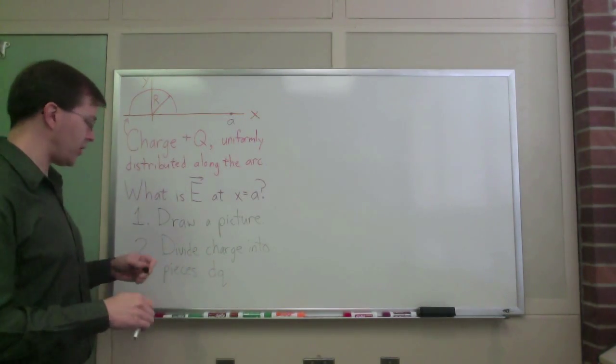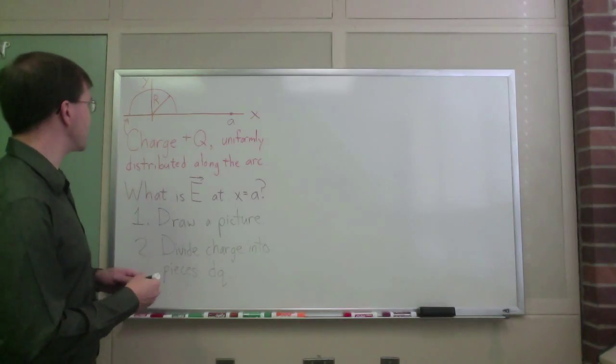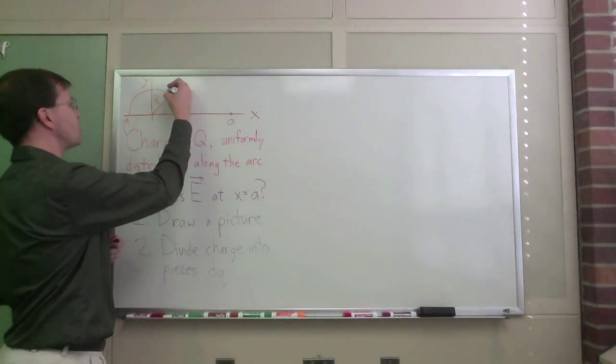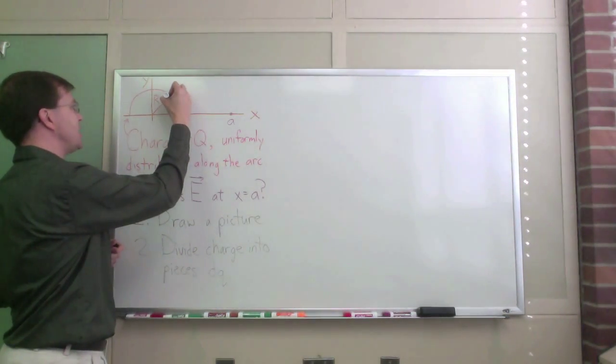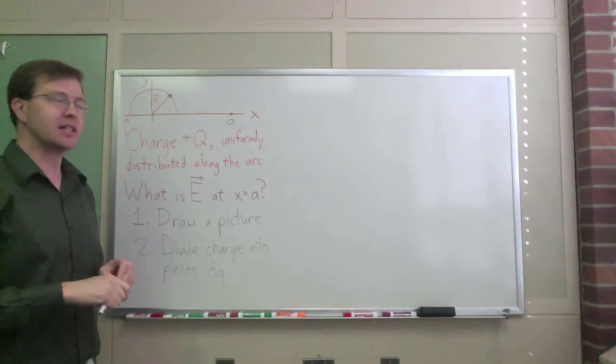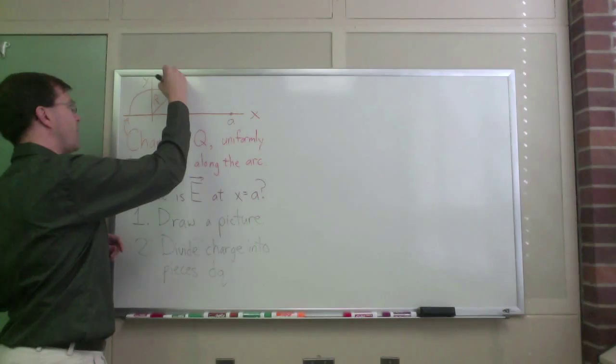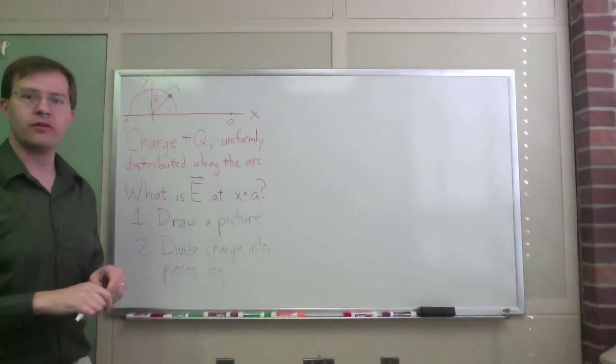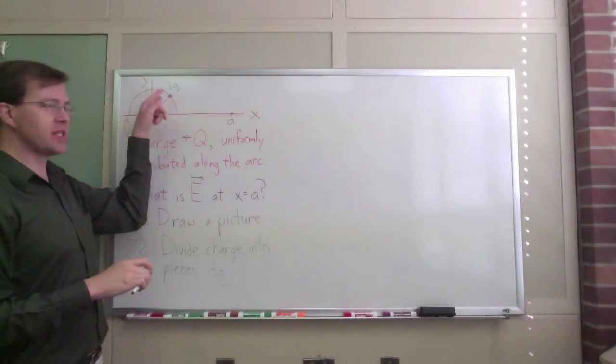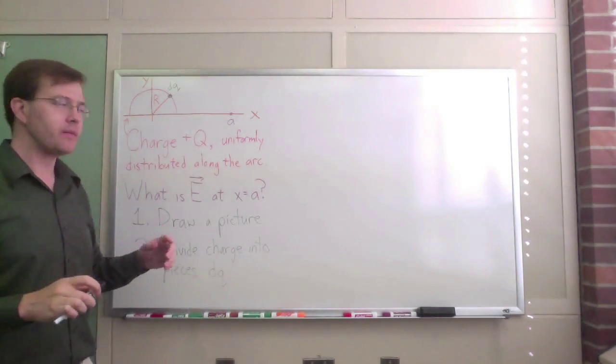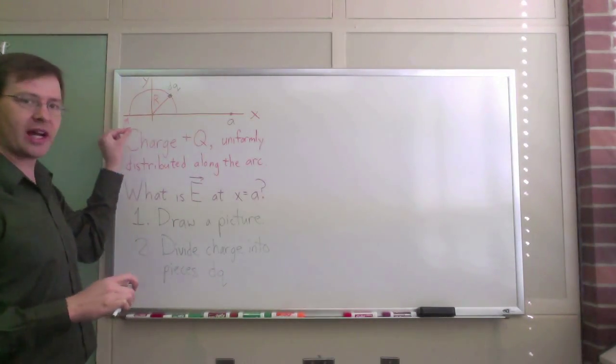In our case up here, I'm going to think about just breaking this line up into tiny little pieces. There's my dq. I've got dq as that tiny little piece, and you can imagine that I'm going to break this up into a bunch of tiny pieces.